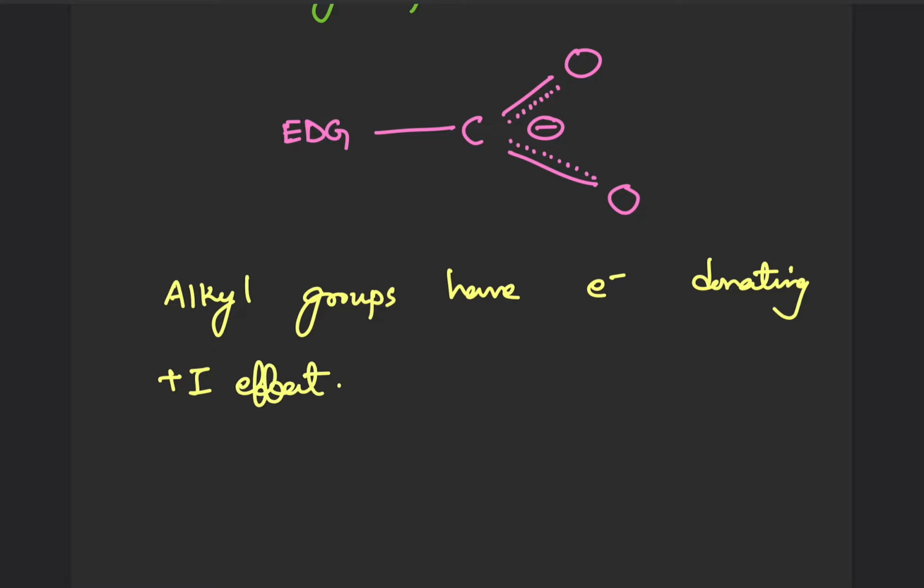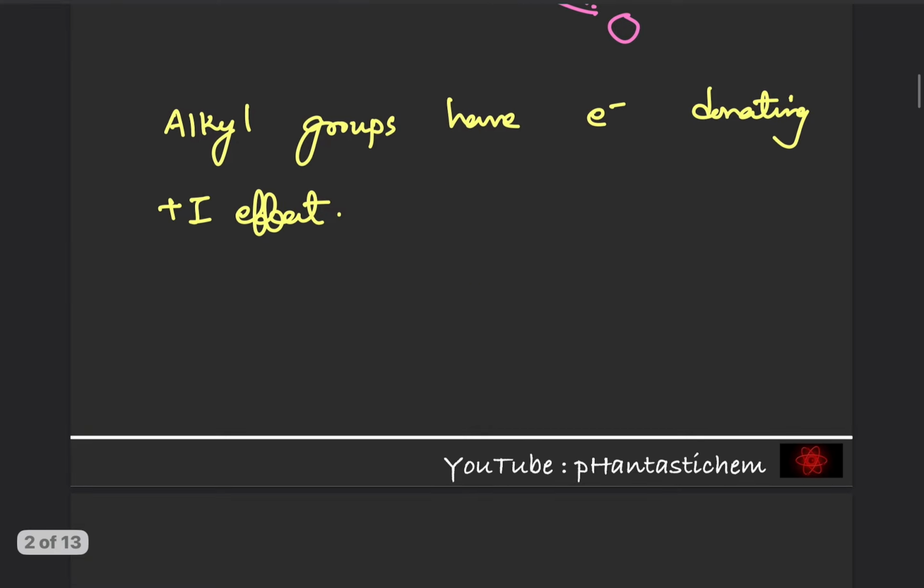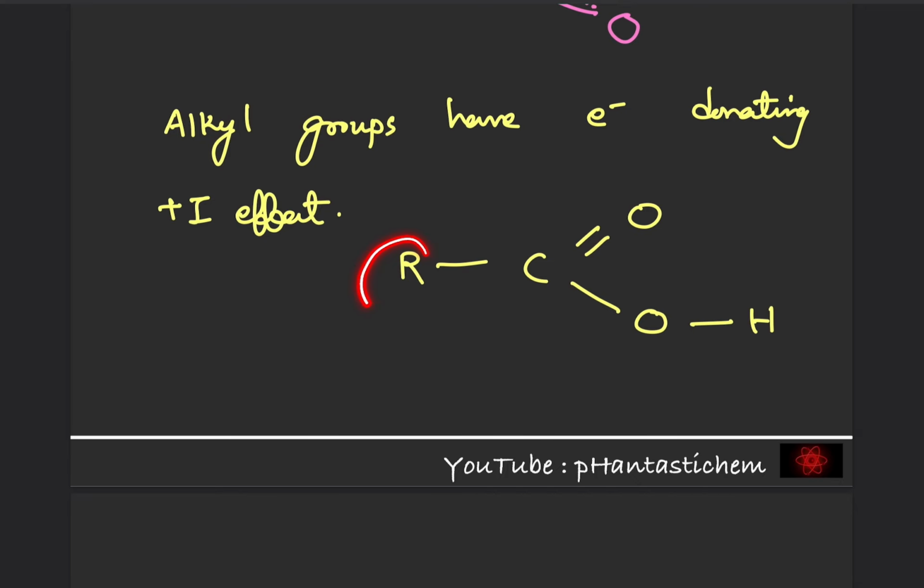This will increase the electron density in the OH bond. There is one more way to understand. If you have RC double bond O, OH, with an alkyl group here, it donates electrons and they are passed on to oxygen itself. Now oxygen, because it has got electrons from the alkyl group, won't feel the necessity to pull electrons towards itself and push the H plus out.